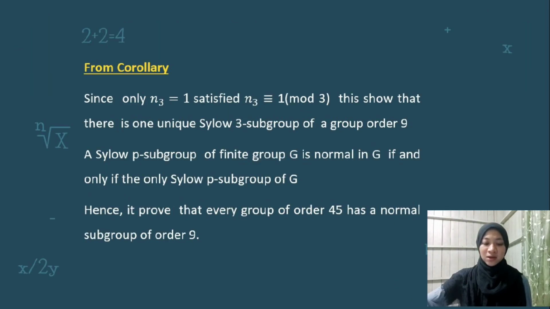From the corollary, since only n_3 equal to 1 satisfies n_3 congruent to 1 mod 3, this shows that there is one unique Sylow 3-subgroup of a group of order 9. A Sylow p-subgroup of a finite group G is normal in G if and only if it is the only Sylow p-subgroup of G. Hence, it is proven that every group of order 45 has a normal subgroup of order 9.